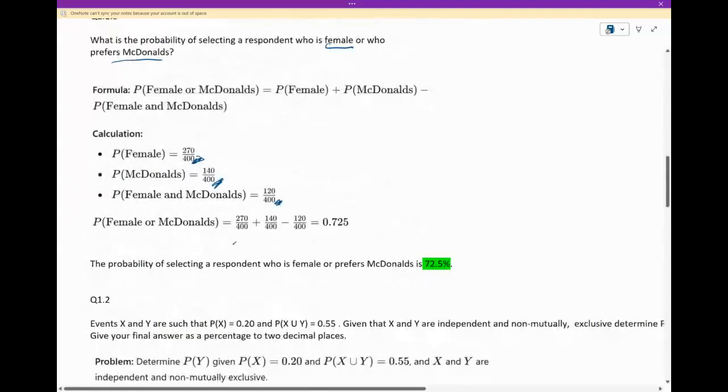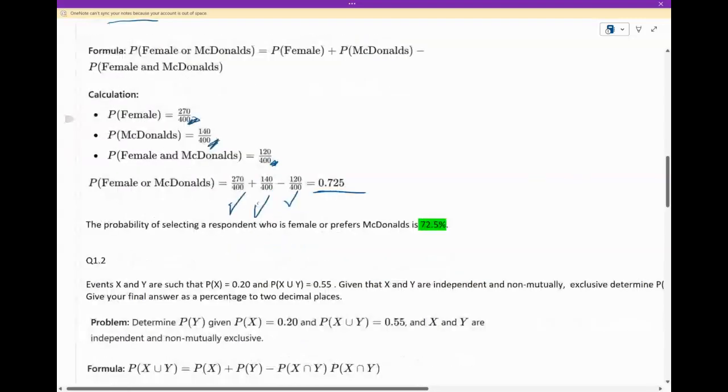Now we've got our total female respondents, our total who prefer McDonald's, and then minus the females that prefer McDonald's, so we don't duplicate. And so our probability is 0.725, which is the same as 72.5%. That's the probability of selecting a respondent who is female or prefers McDonald's.